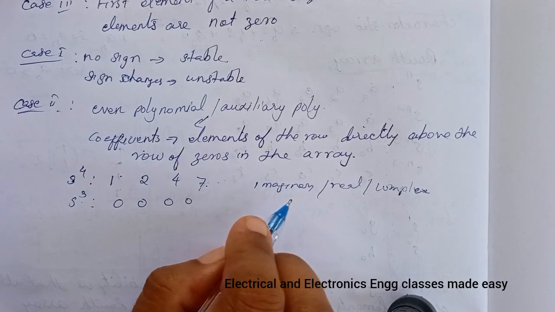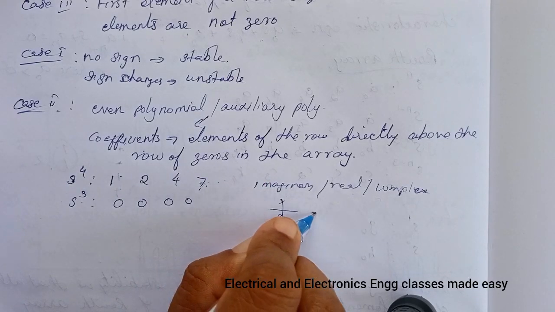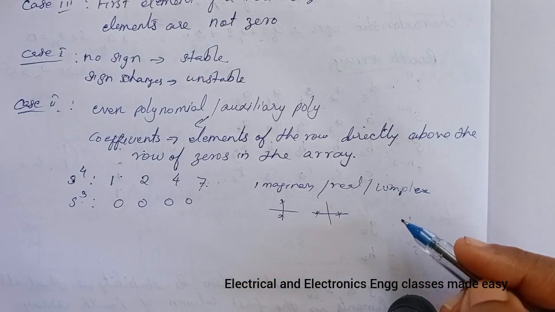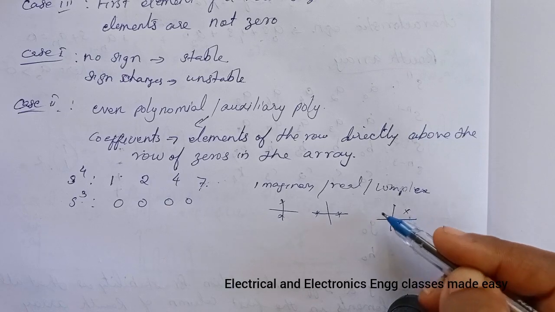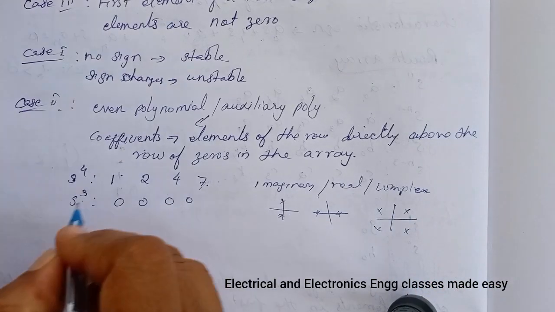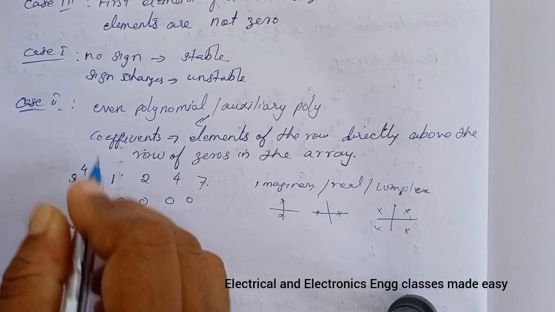So purely imaginary and real roots will be like this. This is real roots, and complex roots are a group of 4 like this. There are two methods to analyze this case too.